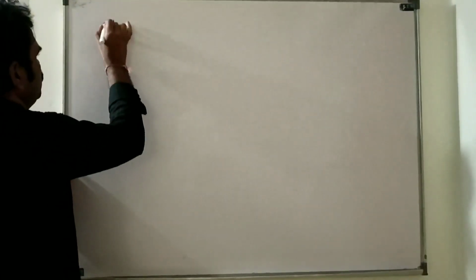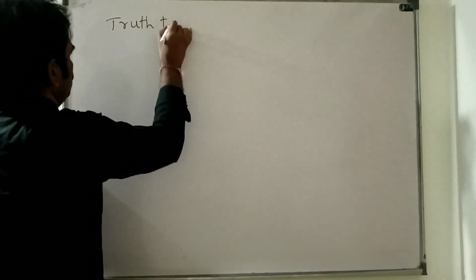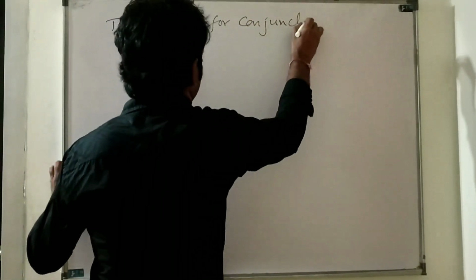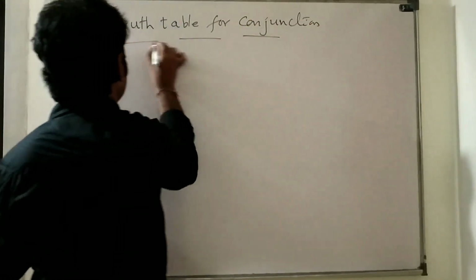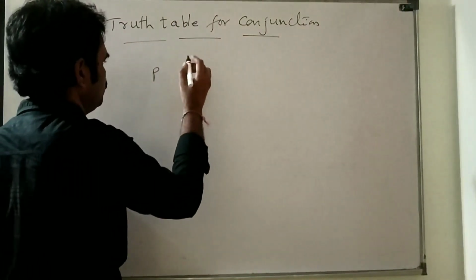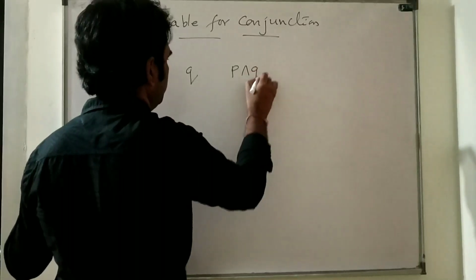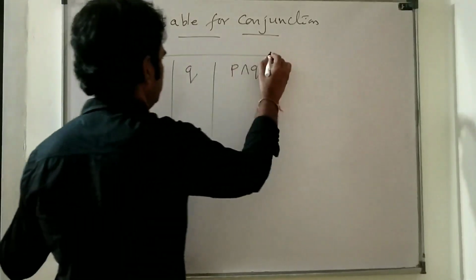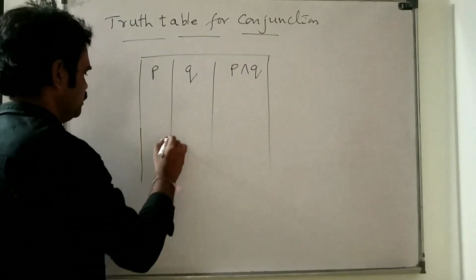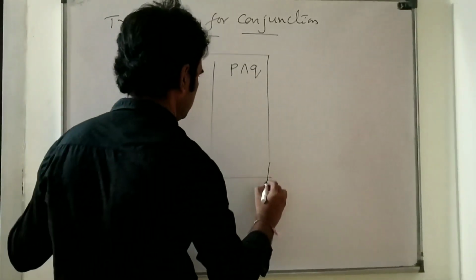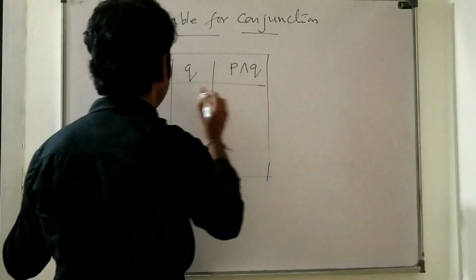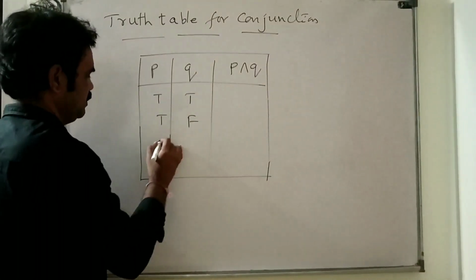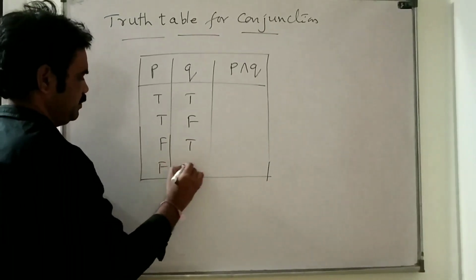The truth table for conjunction. P, Q, P ∧ Q. P ∧ Q means conjunction of P and Q. So write the possible truth values of P, Q: TT, TF, FT, FF.